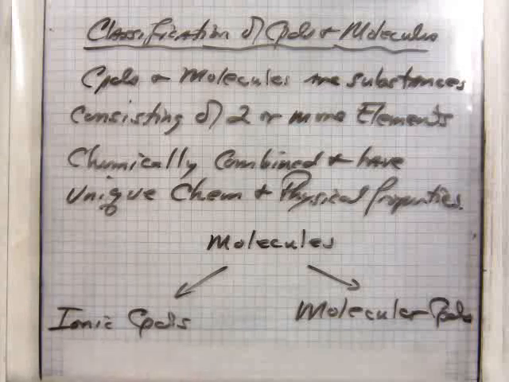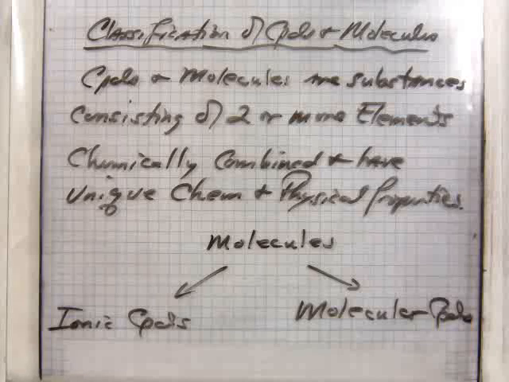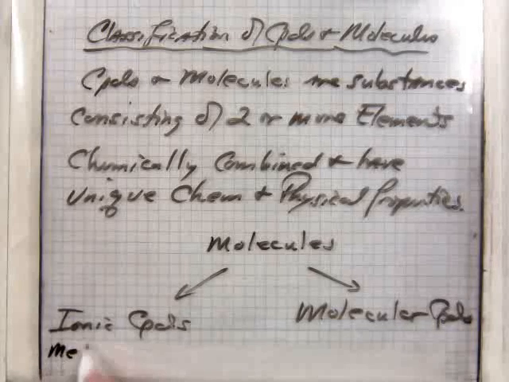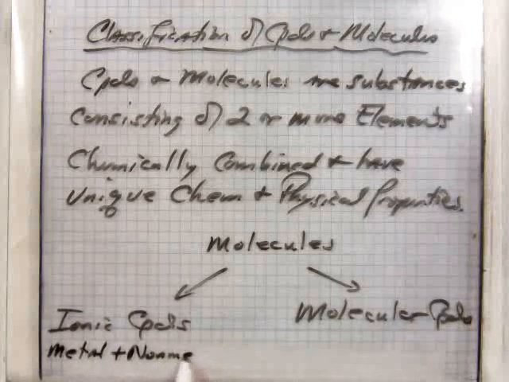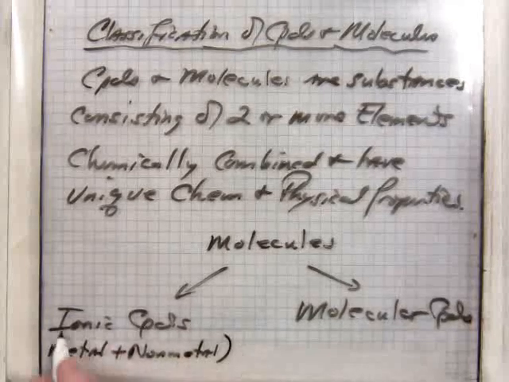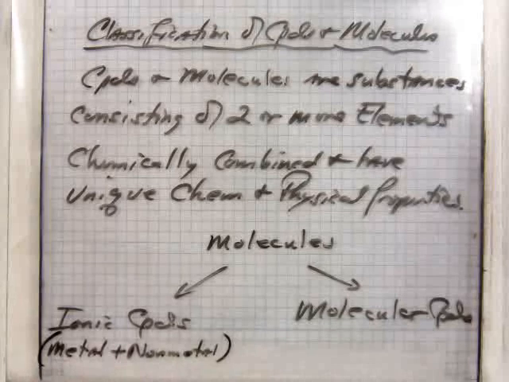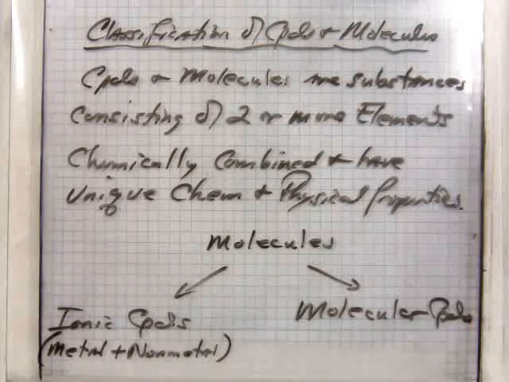Ionic compounds consist of two or more elements chemically combined, as you would expect. But of these two or more parts, one is a metal and one is a non-metal component. That is the foundation of the ionic type systems.